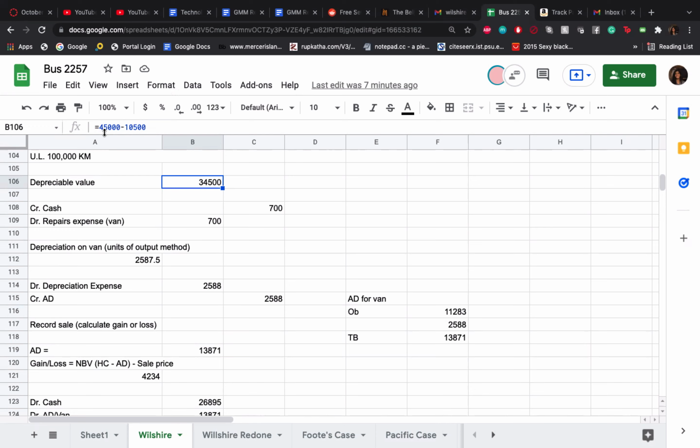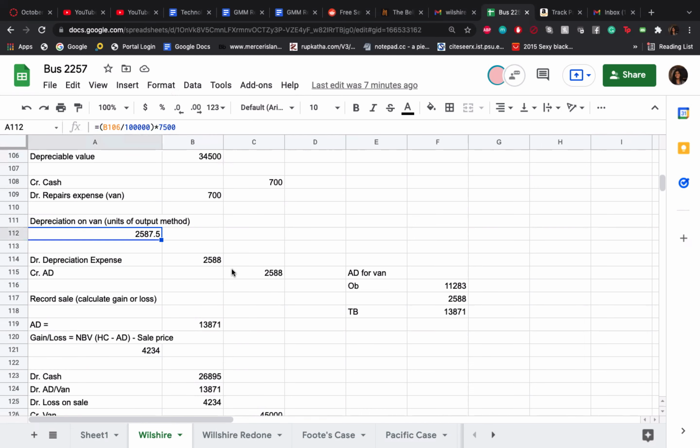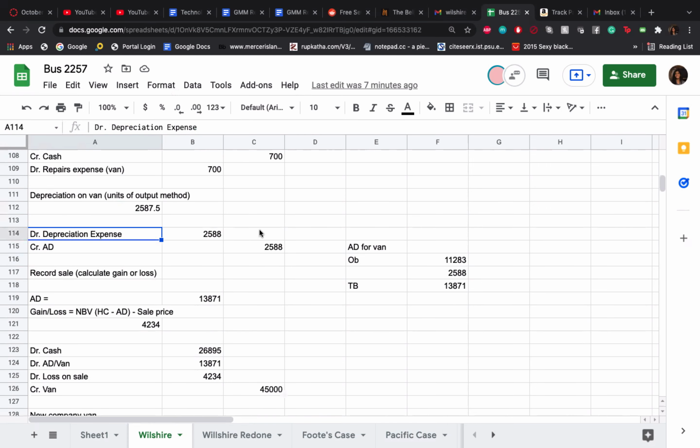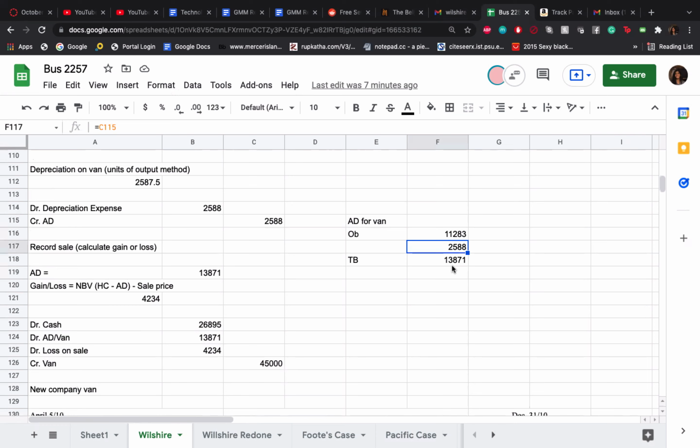Then you get how much it depreciates for 1 unit used, multiply that by the number of units used, which is 7,500, and that's how you get the dollar amount for the depreciation. That makes sense? Perfect. Then you do the same thing: debit depreciation expense, credit AD, and you also want to throw this into your AD for van, just so you can total all of it up.